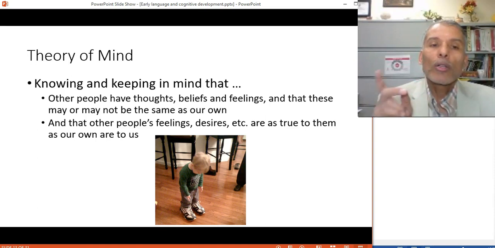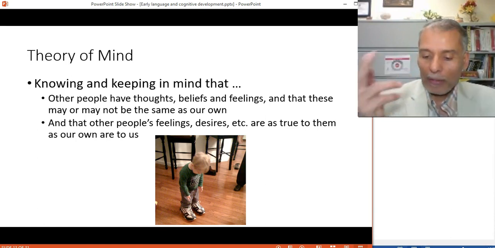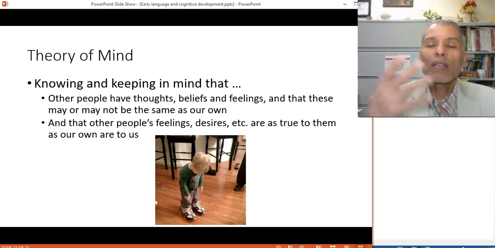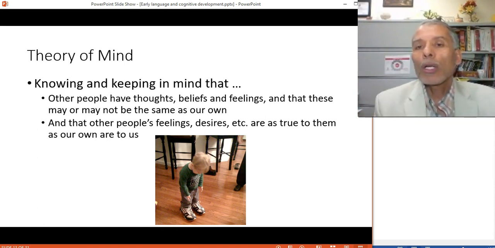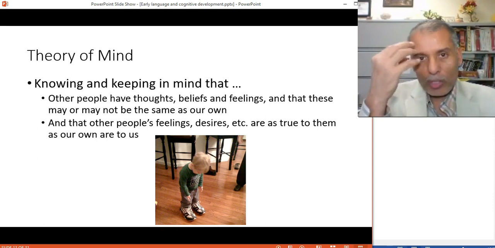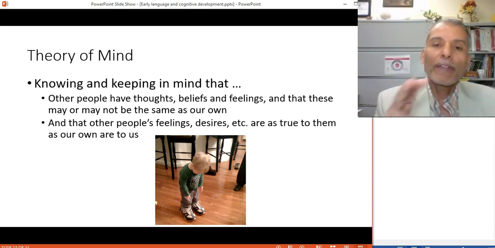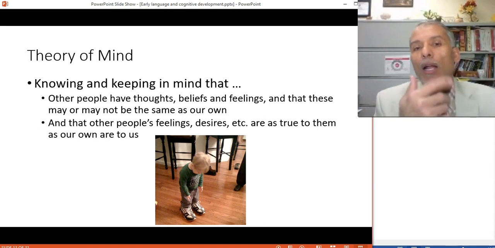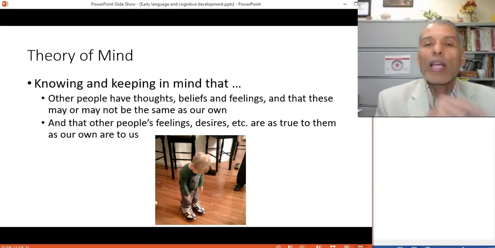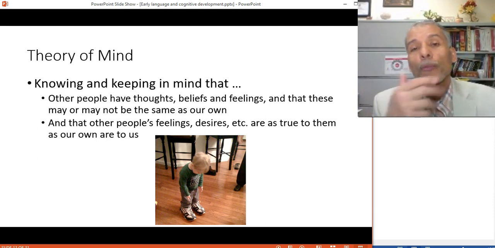So it means, number one, knowing and keeping in mind that other people have thoughts and feelings and emotions and desires and likes and dislikes and so on, that just like you have your own thoughts and ideas, other people are also the same, and that their ideas and their feelings and emotions are as important for them as your own emotions and ideas are important to you.